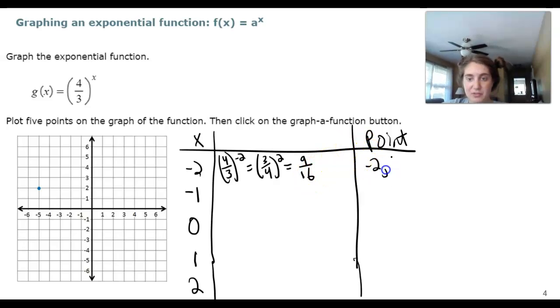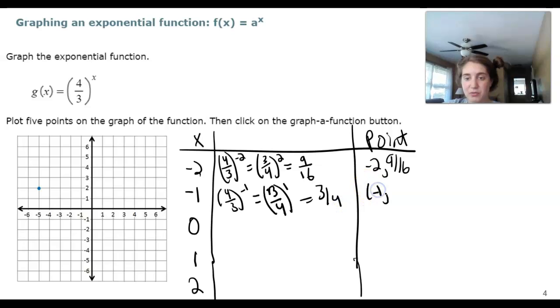So I end up with -2 comma 9 over 16. 4/3 to the -1, I flip that by making it become 3 over 4 to the power of 1, which is 3 over 4, so I have the point -1, 3 over 4.